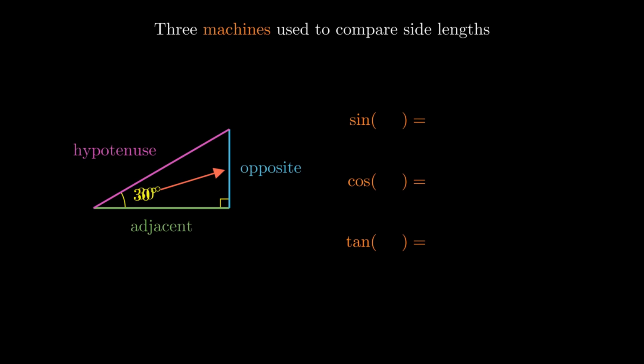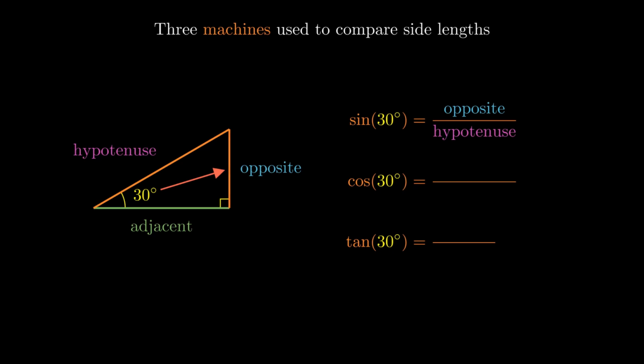So in our case, this 30-degree angle here. So you feed them an angle, then their job is to give you back a fraction that compares side lengths. So the sine machine, the first one, is actually built to compare the opposite side with the hypotenuse. And so they go in the fraction in that order.